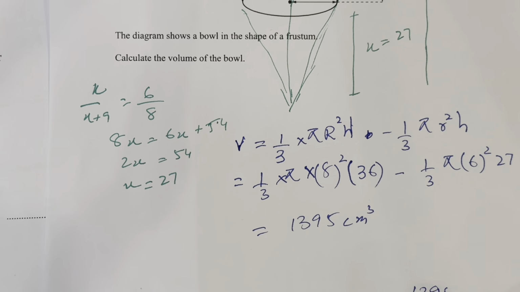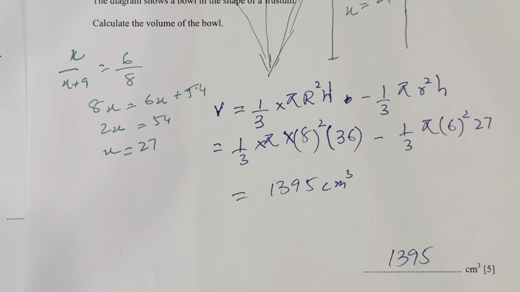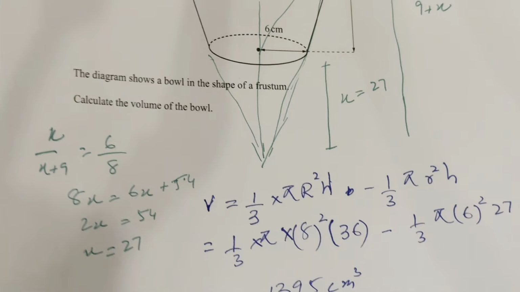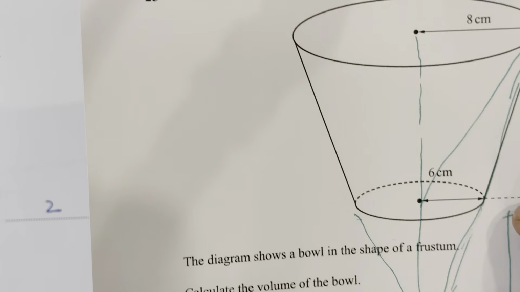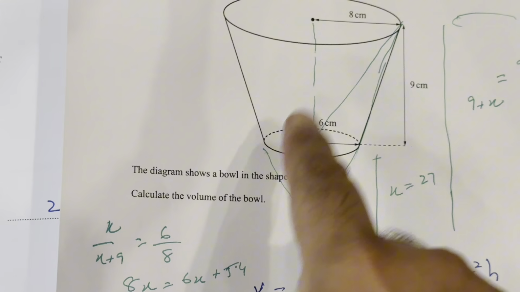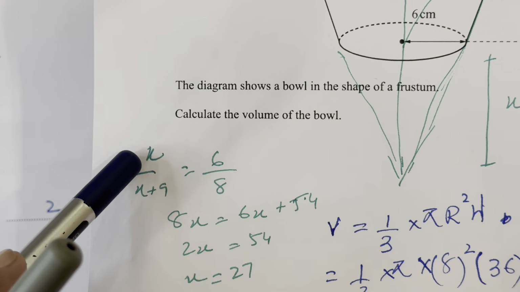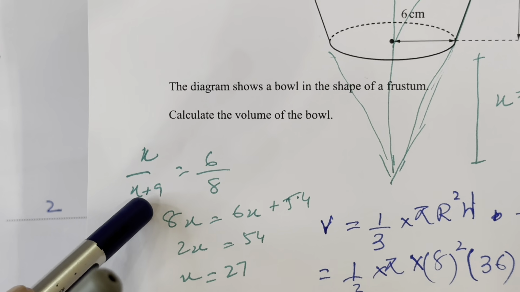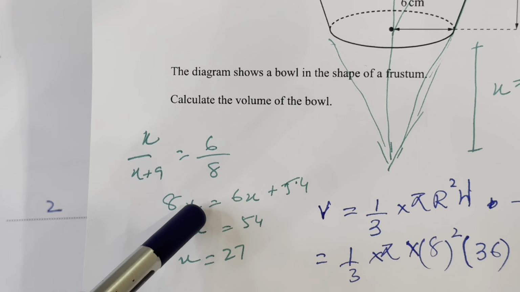1395 centimeters cubed. So I'm going to write over here how we have calculated. We needed to calculate the height of this lower cone. For this, we compared these two triangles because they were similar. From the similarity concept, x over x plus 9 for the smaller and bigger triangle, base 6 for the smaller triangle and base 8 for the bigger triangle.